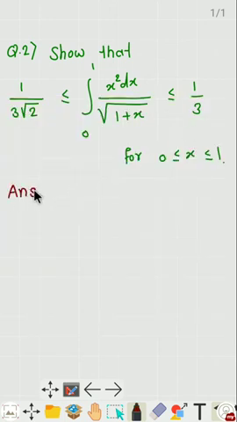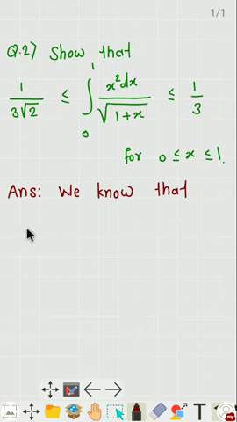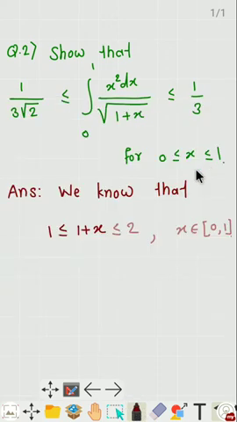Okay, so we start with, okay, so we know that in the range, this quantity 1 plus x is always greater than or equal to 1 and less than or equal to 2, when x belongs to 0 comma 1.